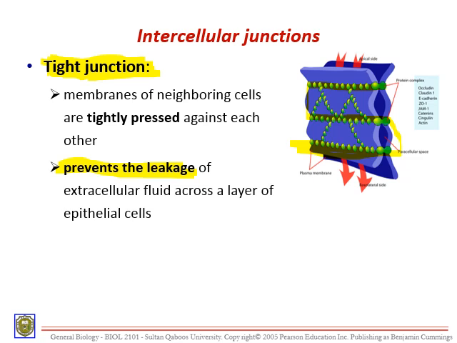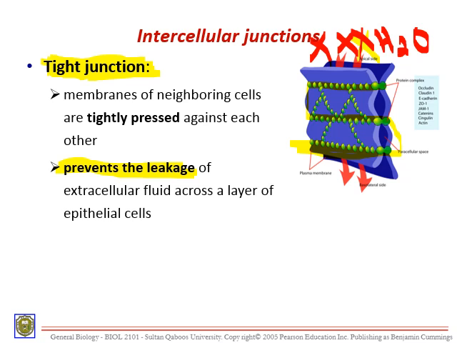So water or any liquid can never pass through the two cells. Okay, water can never pass here. So no H2O. Now, why is this important? Why is preventing the leakage of extracellular fluid important?